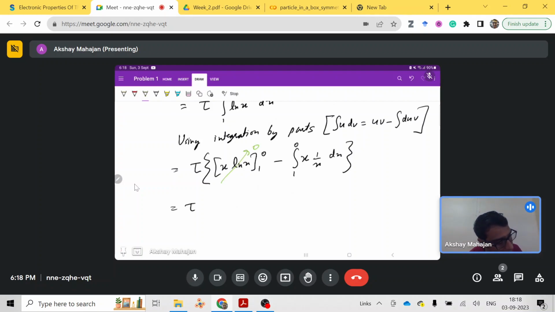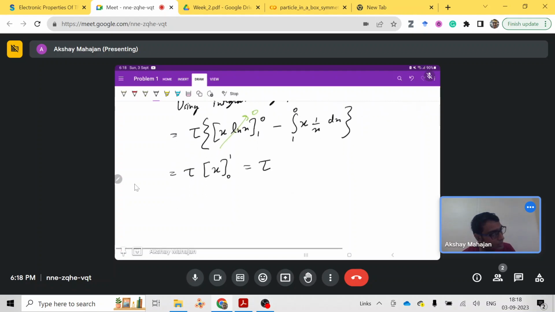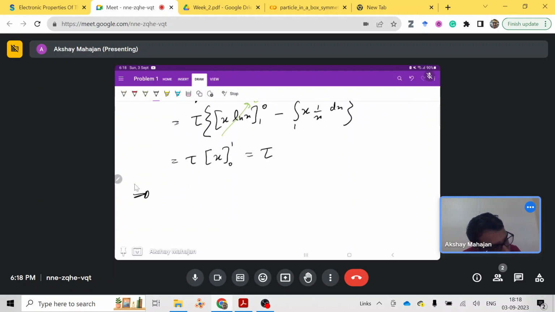The remaining term is the integral of 1 dx, and the negative flips the range of integration to 0 to 1, which just gives tau. So the mean time is equal to tau.